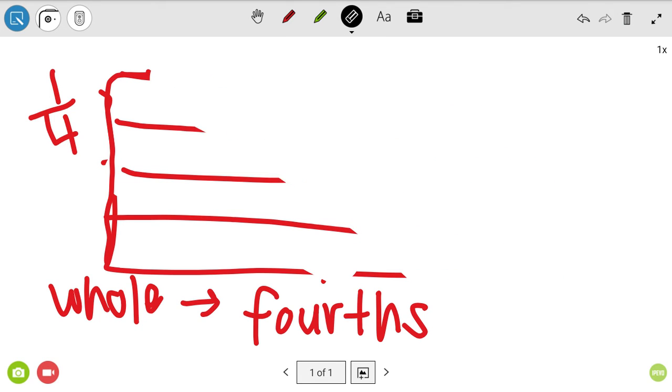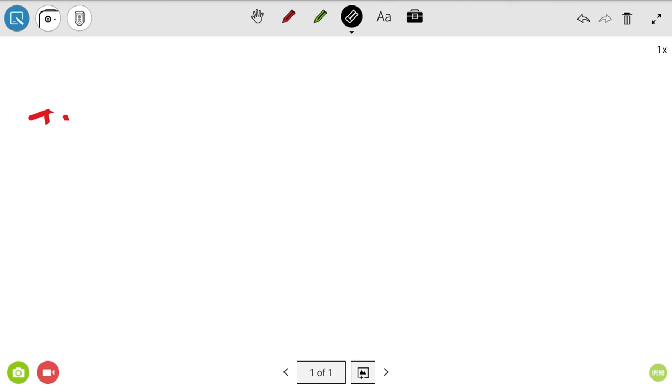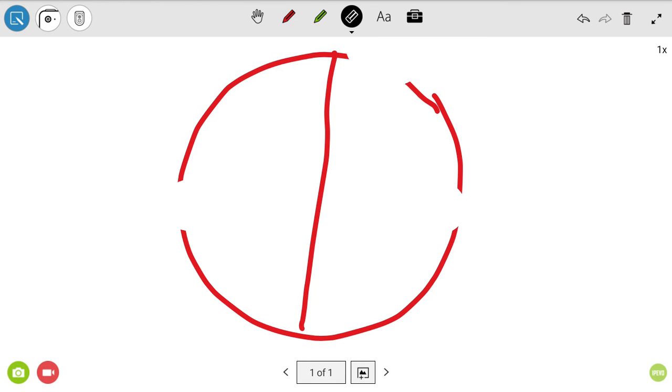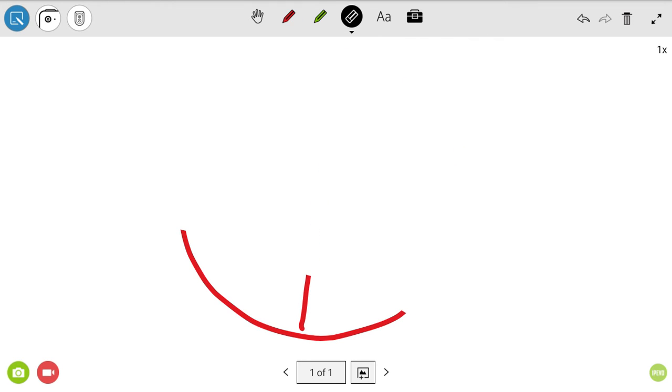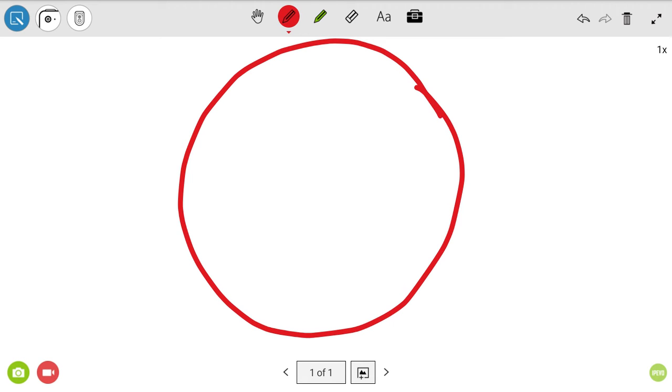You also will be partitioning circles. And circles look a little bit different, okay? So when I have a circle and I want to partition it into halves, I can either do sideways like this, or I could go up and down like this, okay? If I want to partition a circle into thirds, it's actually going to be like an upside down Y. So I would just draw a line up at the top.